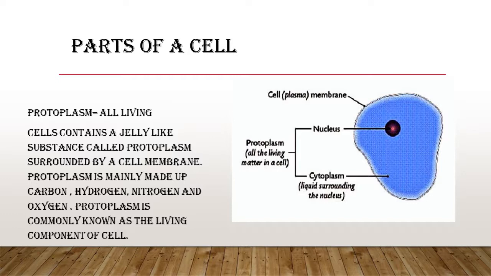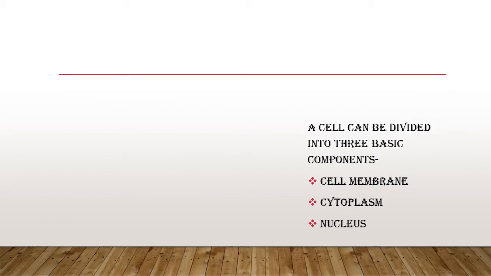If we see the overall components of the cell, we can divide the cell into three basic components. The first one is the outermost layer of the cell, that is the cell membrane. Inside that, the component filled in the full cell, shown in the previous slide in yellow and blue, is the cytoplasm.